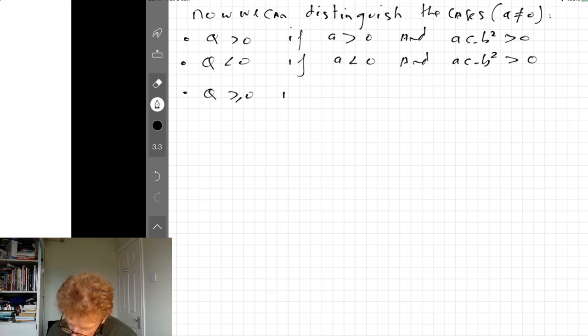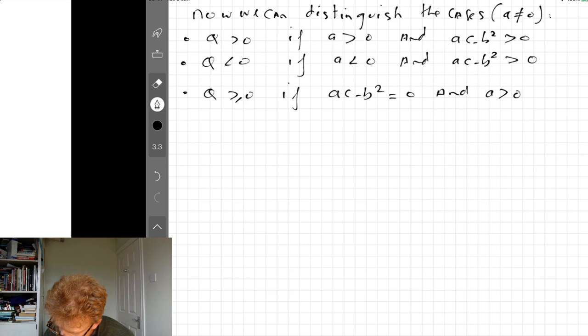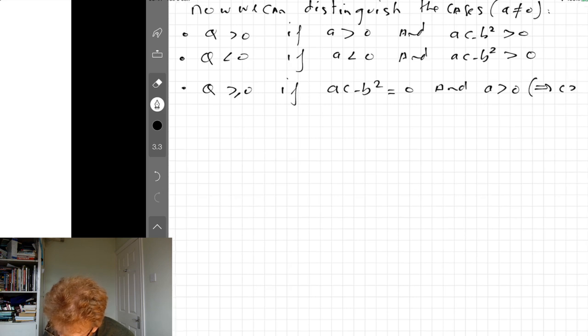Q bigger or equal than 0, so that's positive semidefinite, if ac minus b squared is 0, and a can't be 0, so a is bigger than 0. This implies, since a is bigger than 0, that c needs to be bigger than 0.